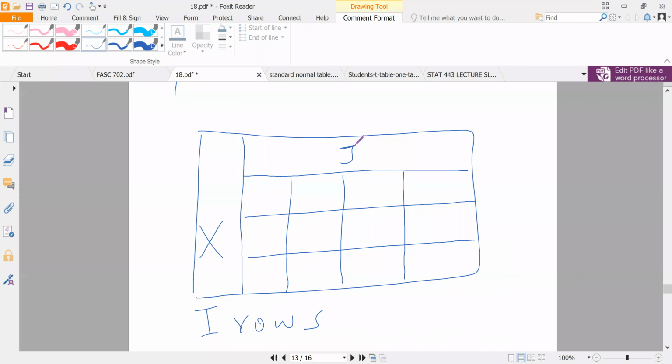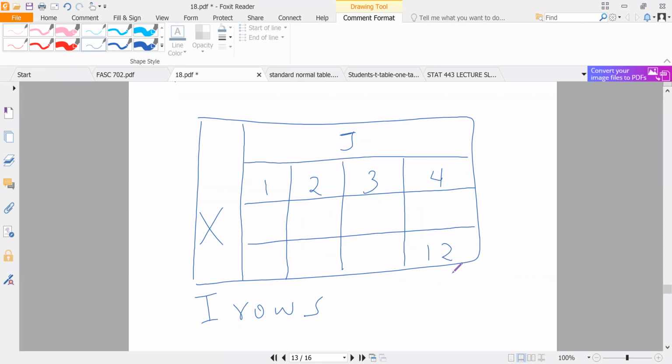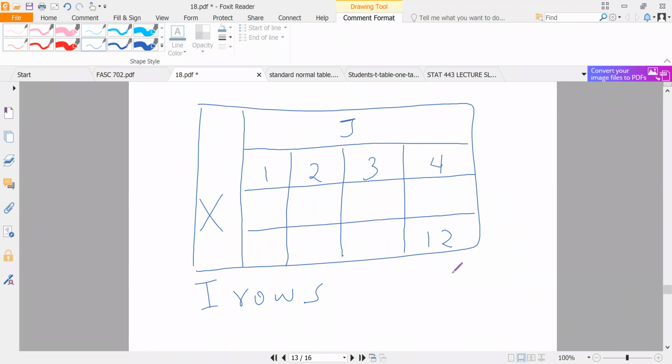And then all the cells in this table, cell 1, cell 2, cell 3, cell 4, all the way up to cell 12, will have the possible combinations.